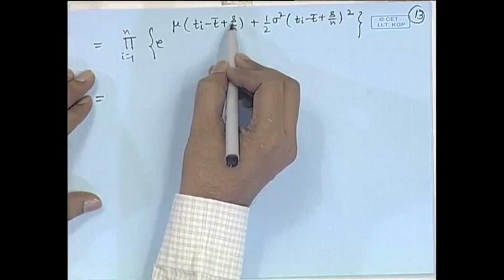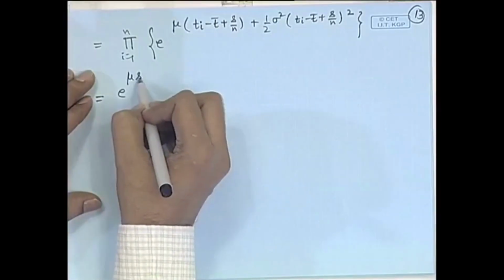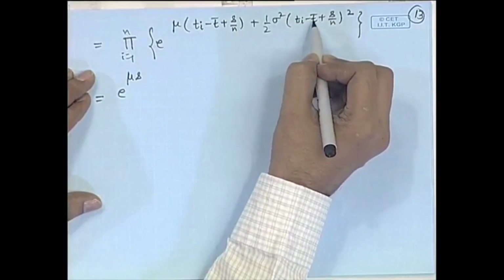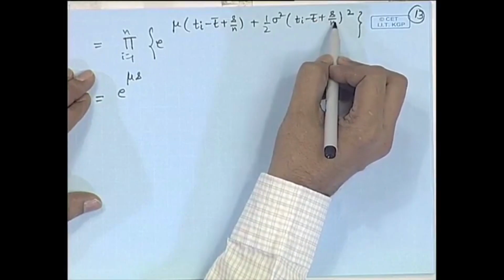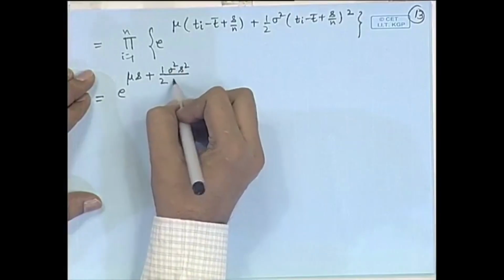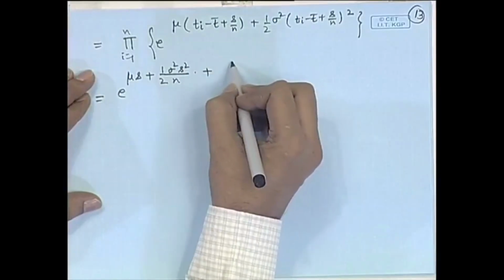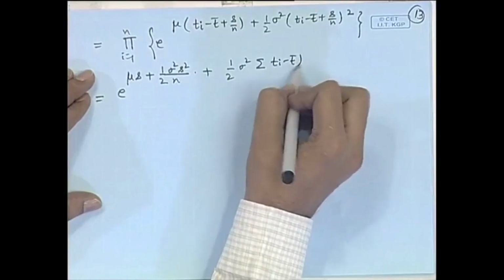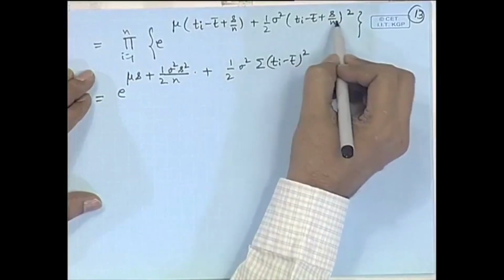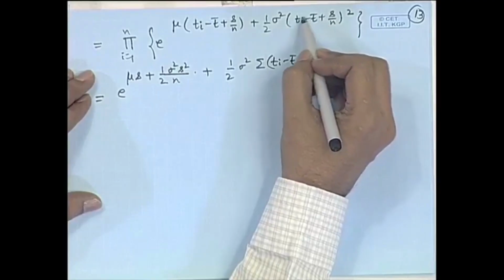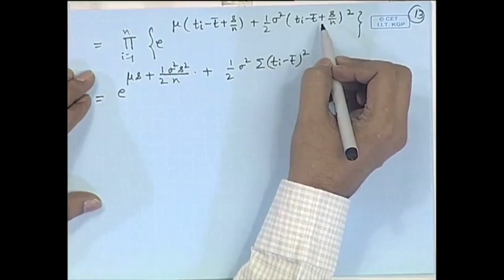On the second term, we will get e to the power mu s. Here, if we expand, one term is (t_i minus t bar) whole square and another term is s square by n. So, this we write here as half sigma square s square by n plus 1 by 2 sigma square sigma (t_i minus t bar) whole square. The cross product term actually vanishes because it will give s by n into (t_i minus t bar), so sigma of that will be 0.